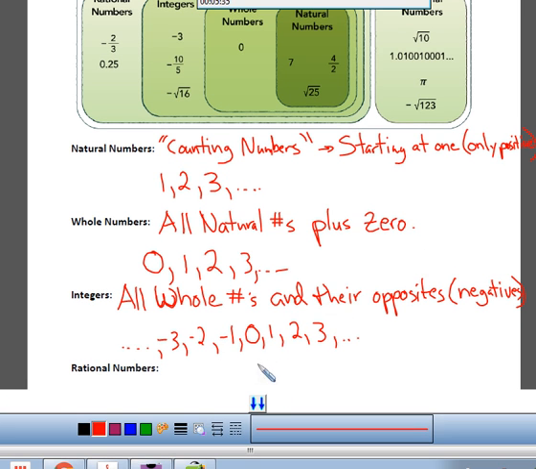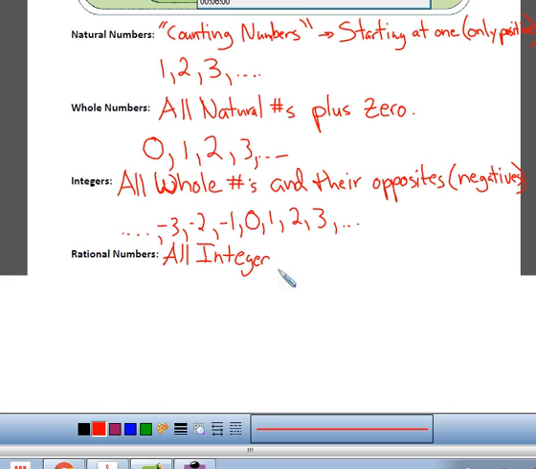And rational numbers include all of these. All integers, not whole numbers. All integers and the numbers in between integers.